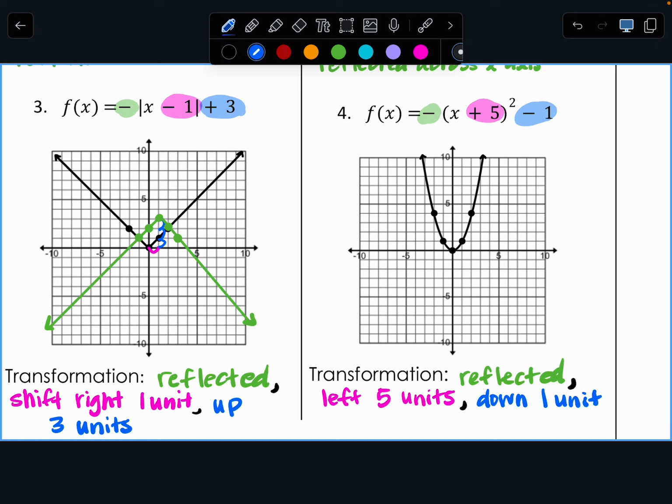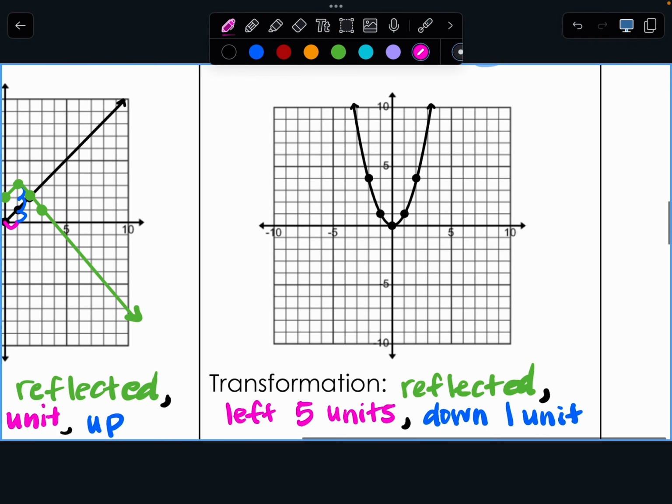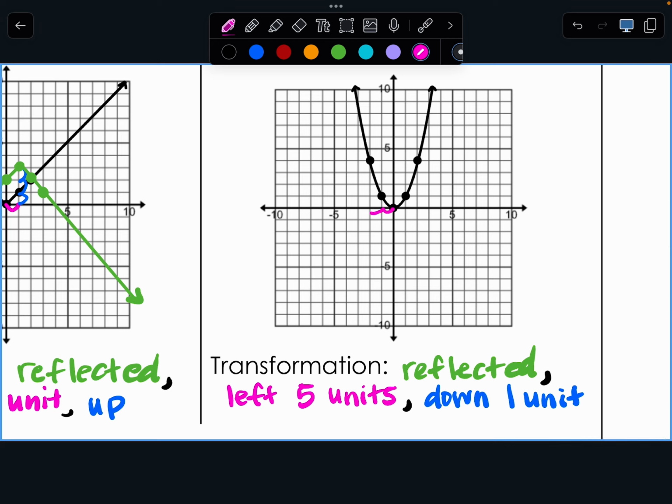So let's move the vertex first. Left 5, and down 1. Here is my new vertex, and it's going to be going down. So 1 down and out in each direction, and then 3 down and out in each direction.